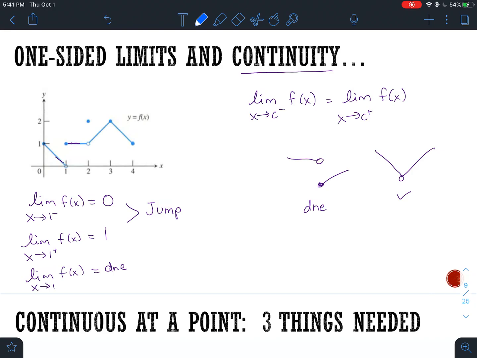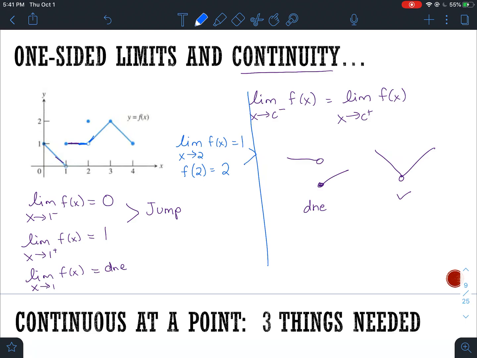Let's look at what's happening as I'm approaching 2. What's the limit as x approaches 2? Am I approaching the same y value on both sides? I am. I'm approaching a value of 1 on both sides. So my limit exists, but what doesn't exist right there? What's f at 2? Well, f at 2 exists, but it's up at 2.